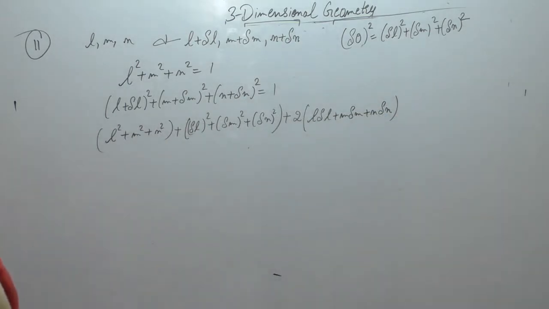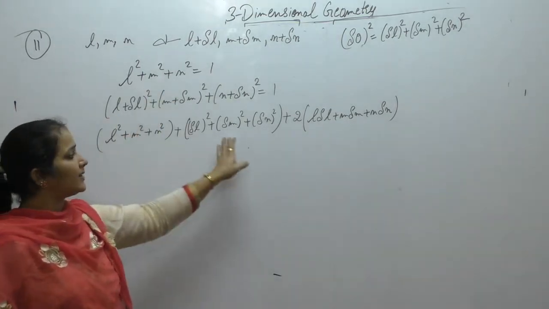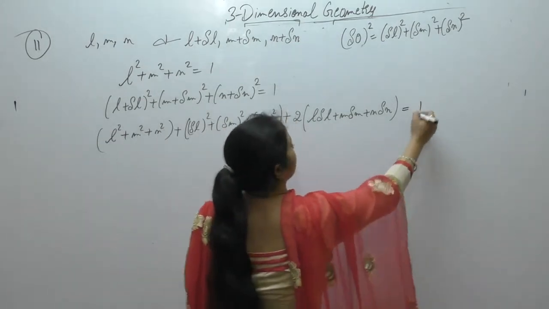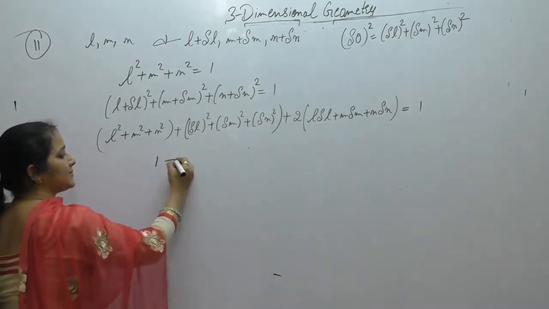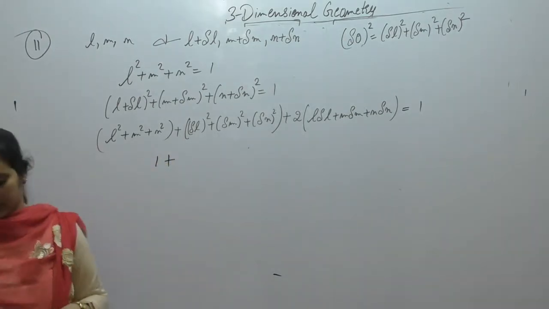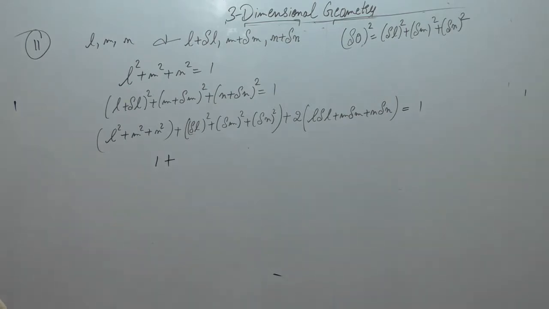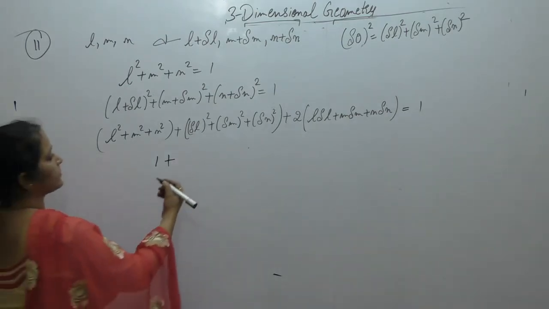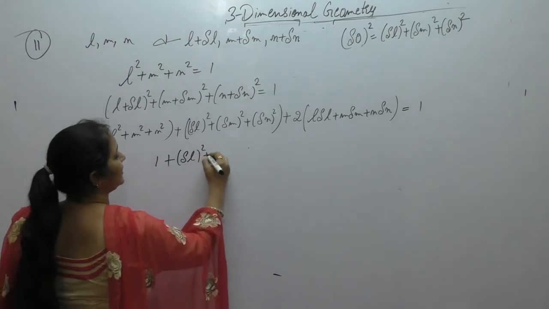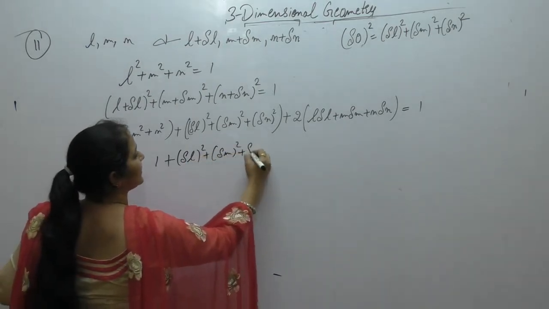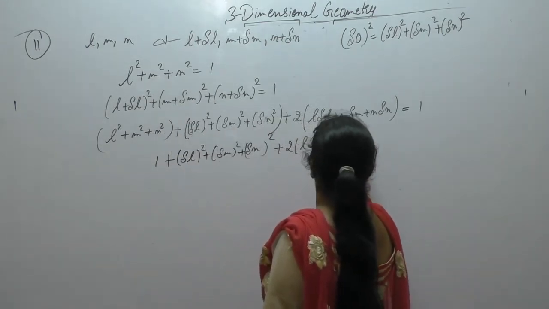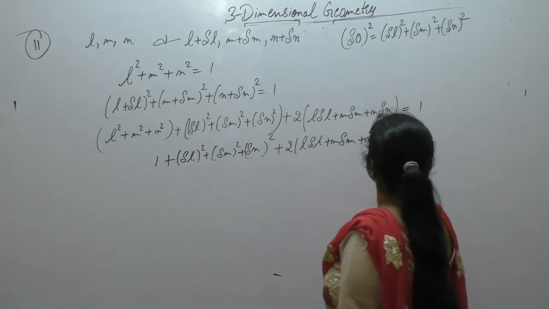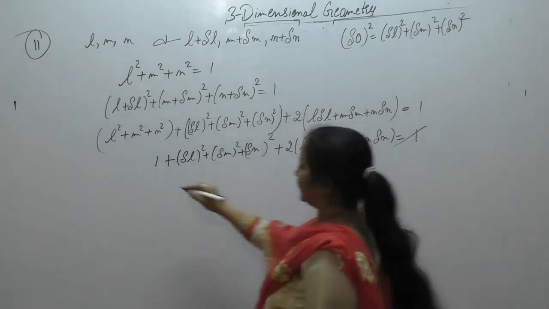This will be a square plus b square plus c square, (a plus b) whole square, a square plus b square plus 2ab, that is equal to 1. Now we know l square plus m square plus n square is 1, and this is delta l square plus delta m square plus delta n square plus 2 times (l delta l plus m delta m plus n delta n). 1 will get cancelled.